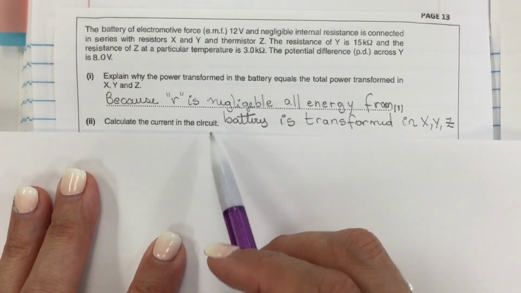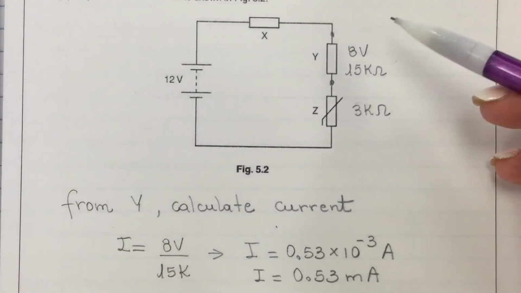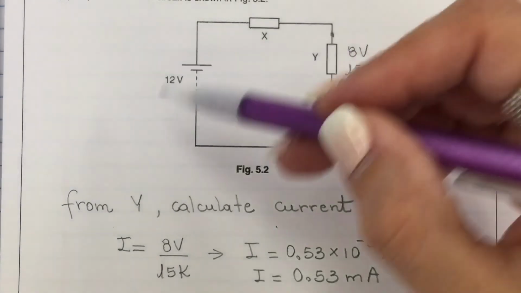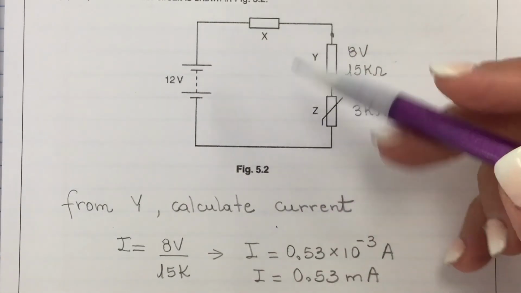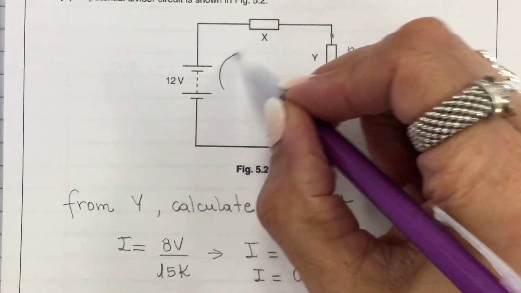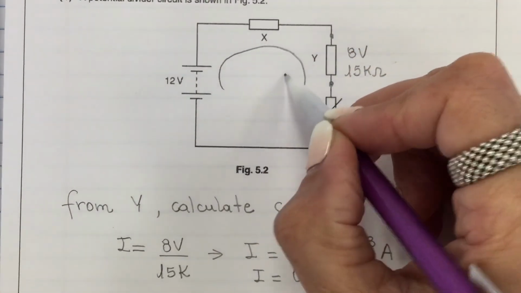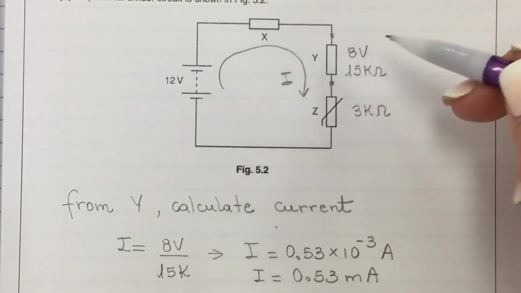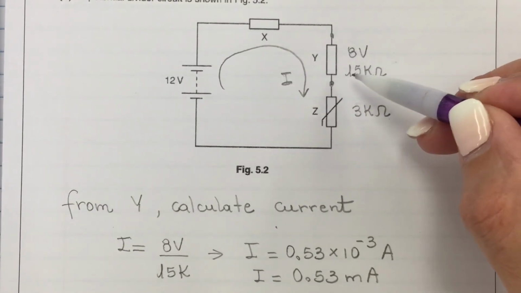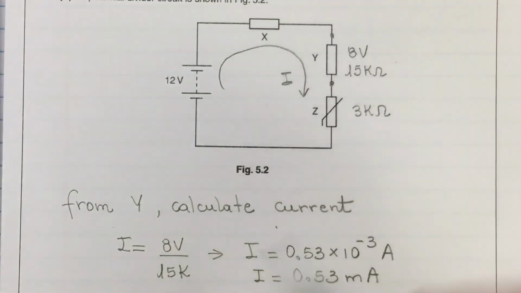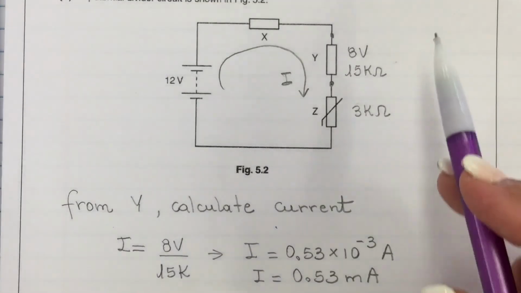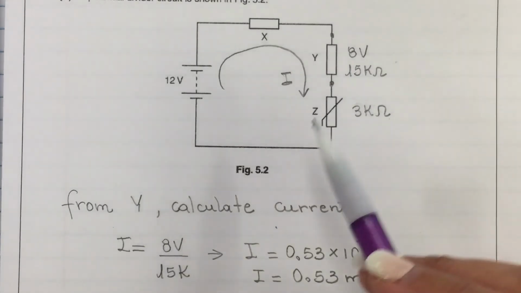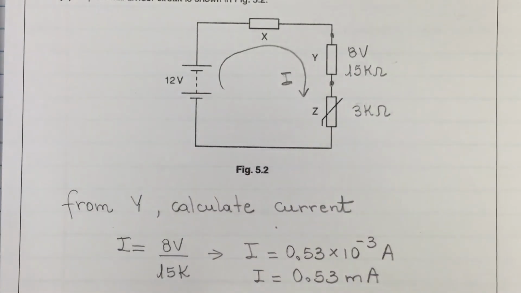Calculate the current in the circuit. Super easy here. All those three components are in series with the battery, which means the current flow in the circuit is the same. And we are given information about Y, which is 8 volts and 15 kilo ohms. So I can use this information to calculate the current flowing through Y, which is the same current flowing through this entire circuit.